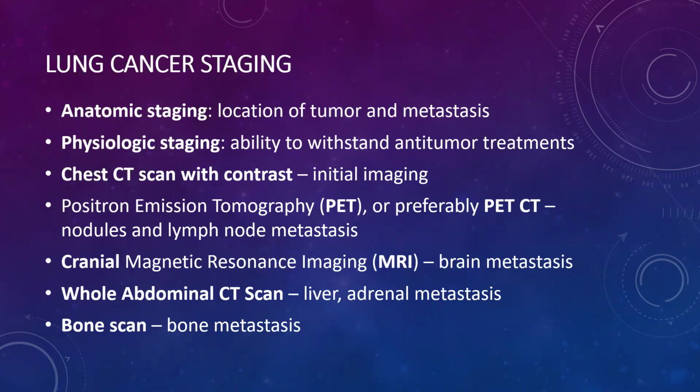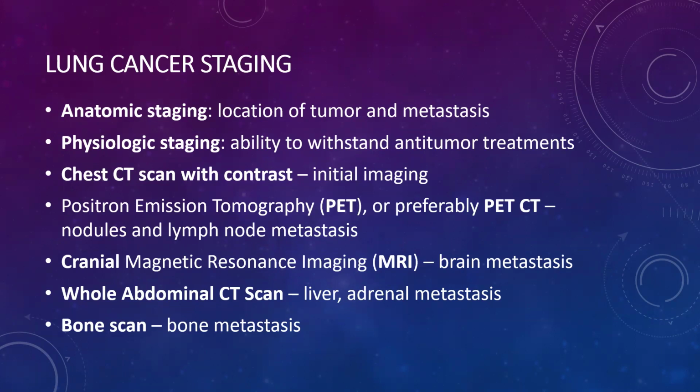Okay, so for lung cancer staging, you'll have to do the following. First, anatomic staging. So you'll have to locate the tumor as well as find if there are any signs of metastasis. Second, we do physiologic staging, and this is to assess the patient's ability to withstand any anti-tumor treatments.